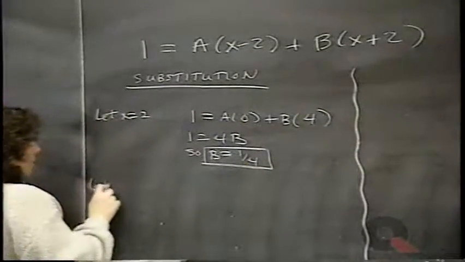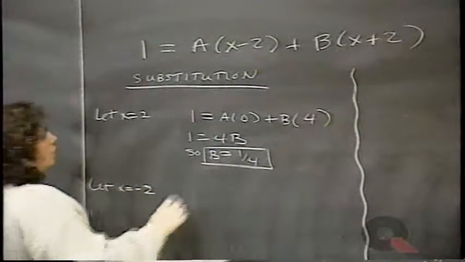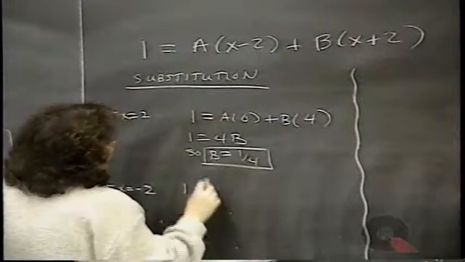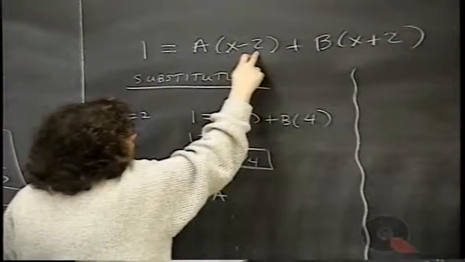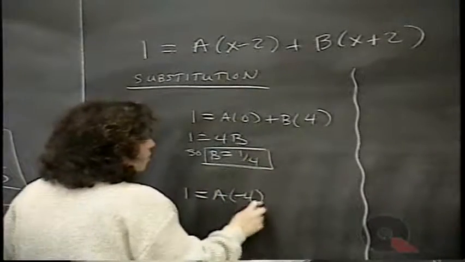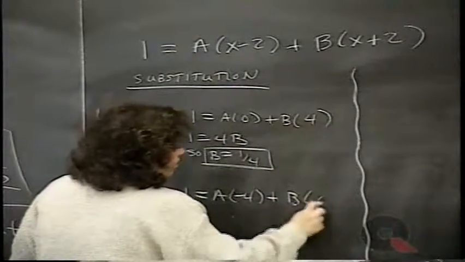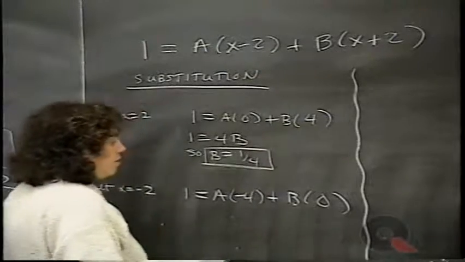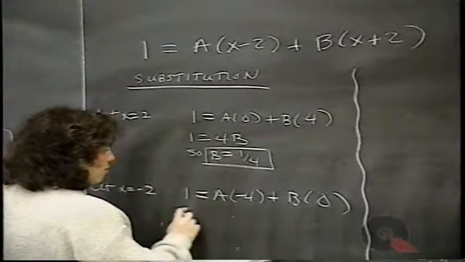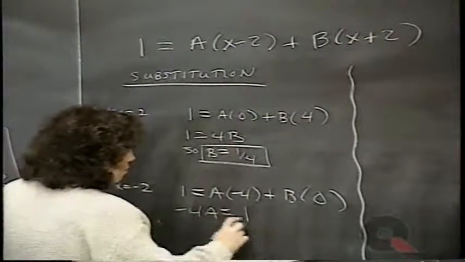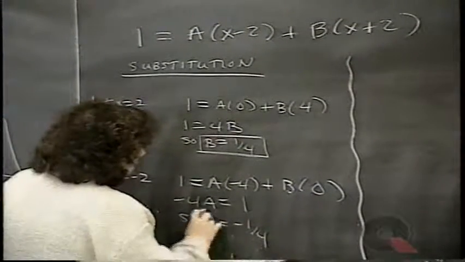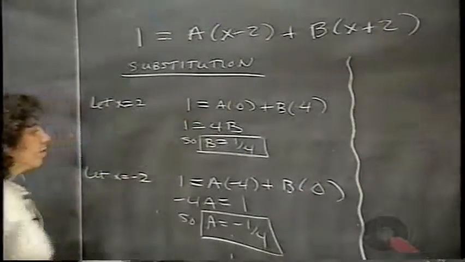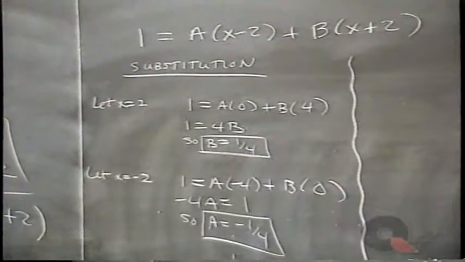So we let x equal minus 2, and we get 1 equal to A times minus 4, plus B times minus 2 plus 2, which is 0. So we have minus 4A equals 1, so A equals minus 1/4. So we have determined the constants A and B.